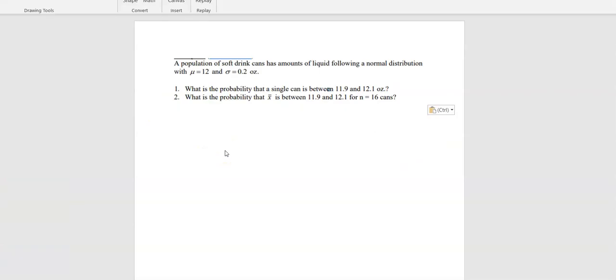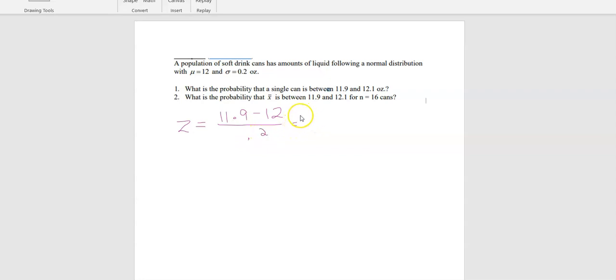All right, so I said number 1 was like what we did in the last section. So let's do our z-score for both 11.9 and 12.1. So we'll do the 11.9 first. So we'll have that Z is 11.9 minus our mean, which is 12, over standard deviation of 0.2.